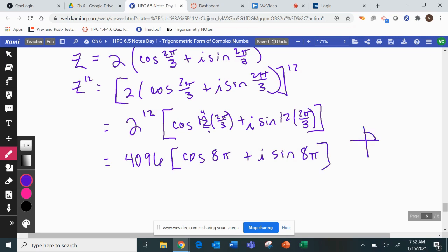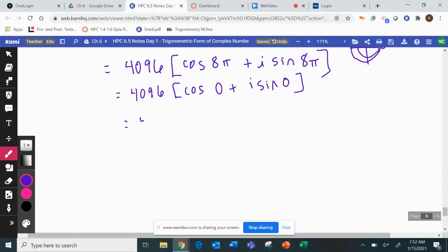So 8 pi is the same thing as just 2 pi, or it's the same thing as 0. Same location. So I'll just think about this being cosine of 0 plus I sine of 0. 4096 multiplied by 1 plus 0i. So 4096.